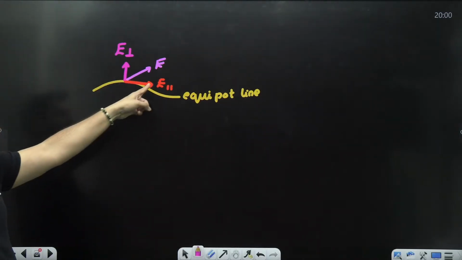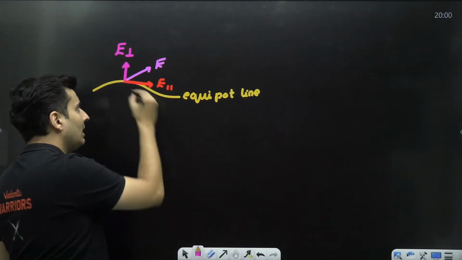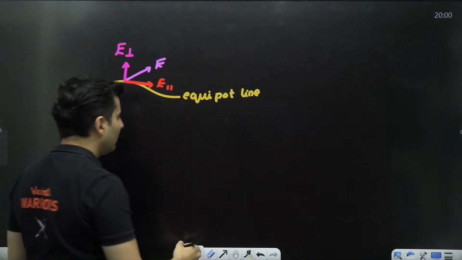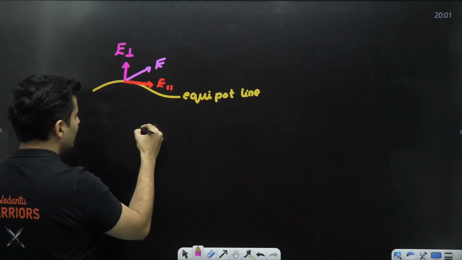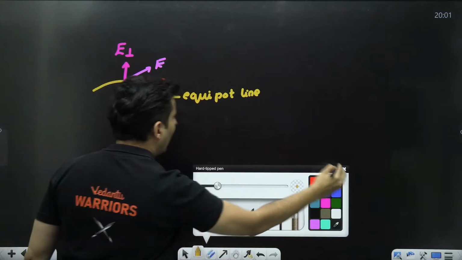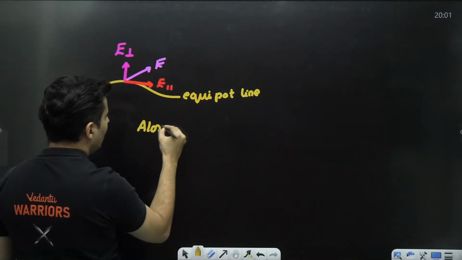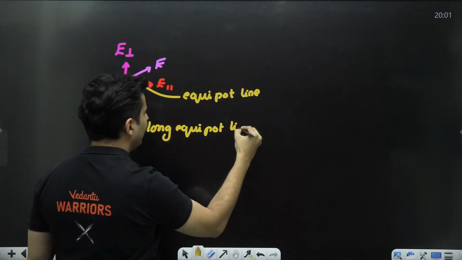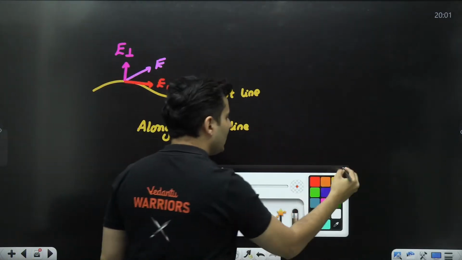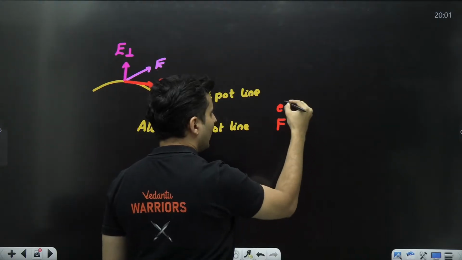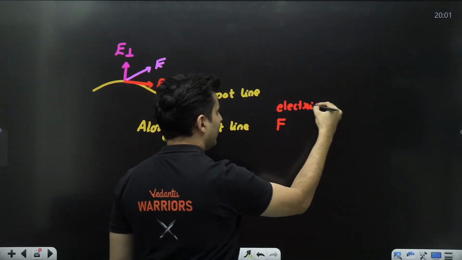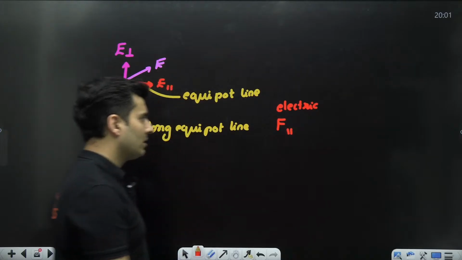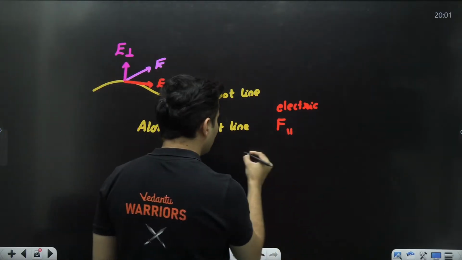The problem is with this parallel component. If there is electric field parallel to the equipotential line, what will happen? There will be an electric force in that particular direction. If there is electric force, what does it mean?